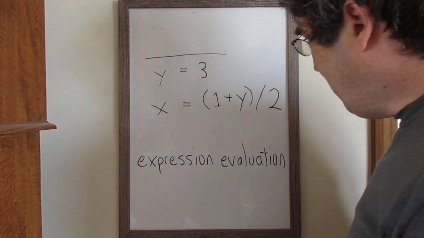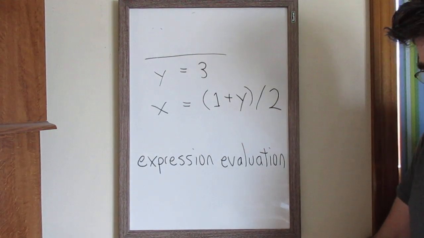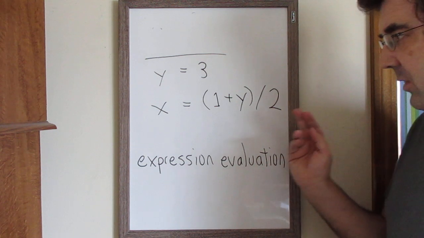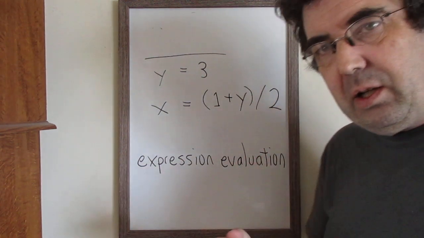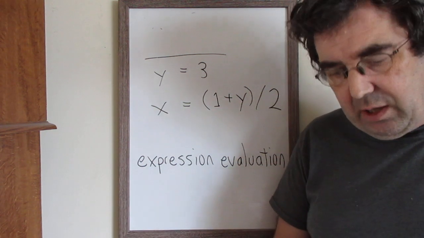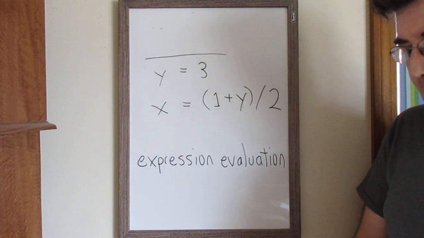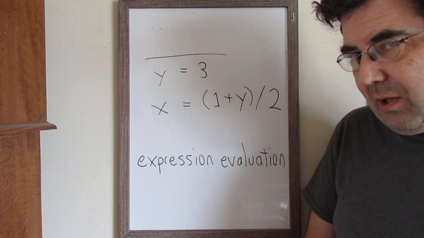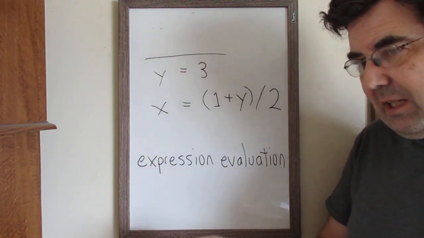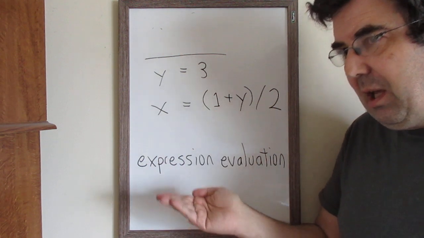But I do need to say that the subtle mechanisms through which expression evaluation occurs may not be that important for doing simple, straightforward examples and getting the result correct.